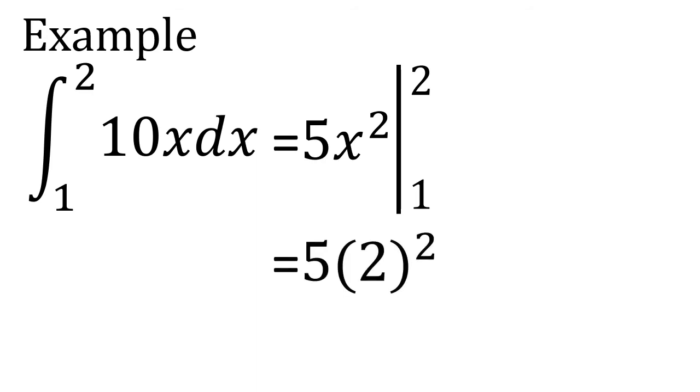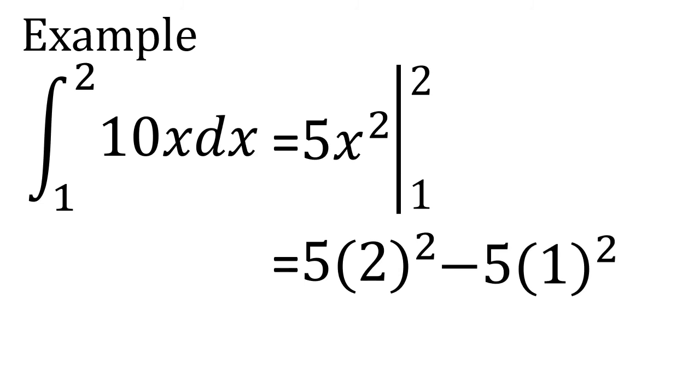So in this case, we substitute the upper limit first in 5x squared. So that will become 5 times 2 squared, minus 5x squared, substituting the lower limit, which is 1.